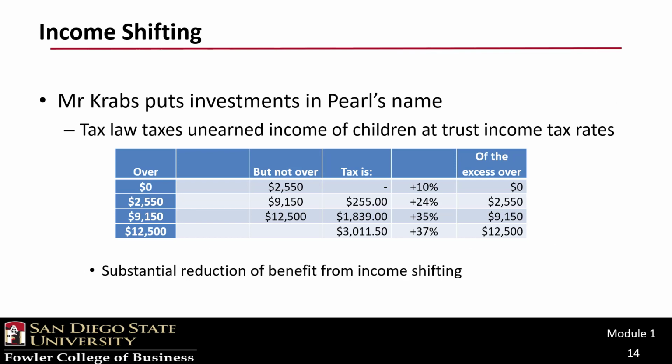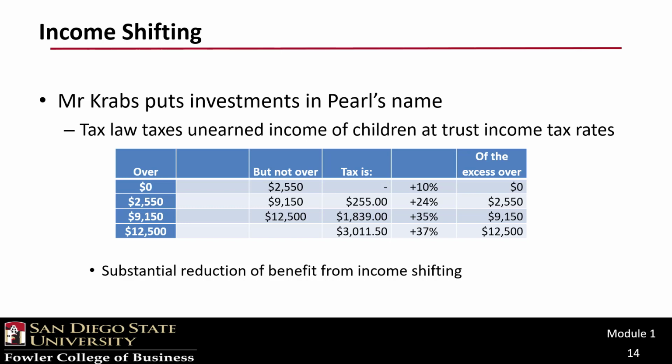So let's see what would happen if Mr. Krabs did put it into Pearl's name. Well, the tax law taxes unearned income of certain minor children at trust income tax rates. So what happens is, part of the benefit, recall, was that Pearl was in the 12% or 10% tax rate category. But the reality is, unearned income over a certain level is going to be taxed under the trust tax table.